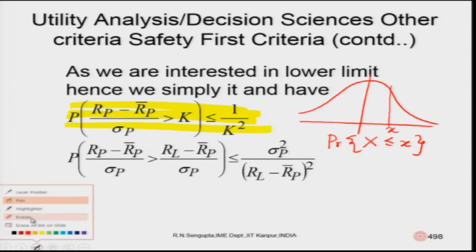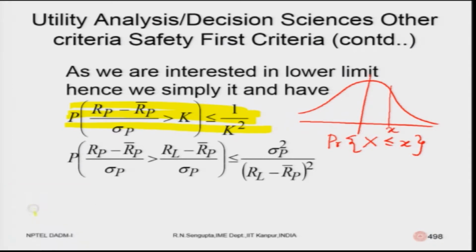So, my main idea is I want to find out this. This is the expected value, and the standard deviation is SD, less than equal to x minus E by SD.